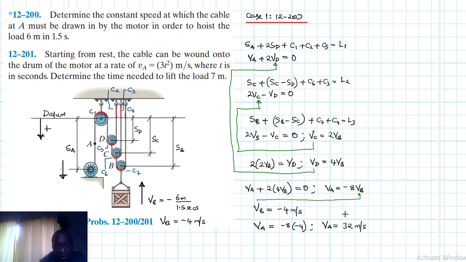It's going down, sorry, which is a positive value. This is the constant speed at which the cable is going to be drawn by the motor. Right, I think we are done.